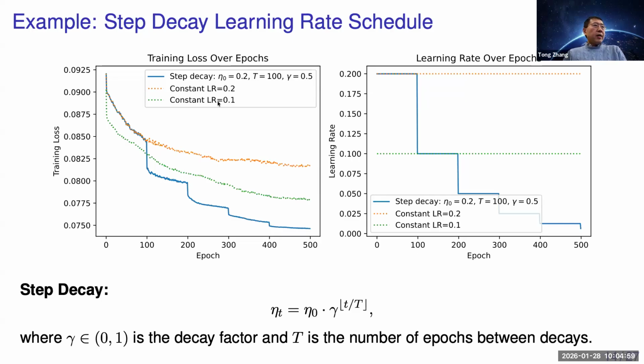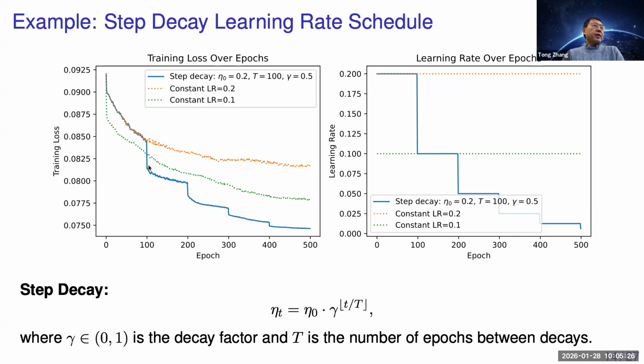How does it work? You can compare with a constant learning rate. The constant one goes here. This is a larger learning rate, and this is a smaller learning rate. When you have a learning rate scheduler, you first start here.